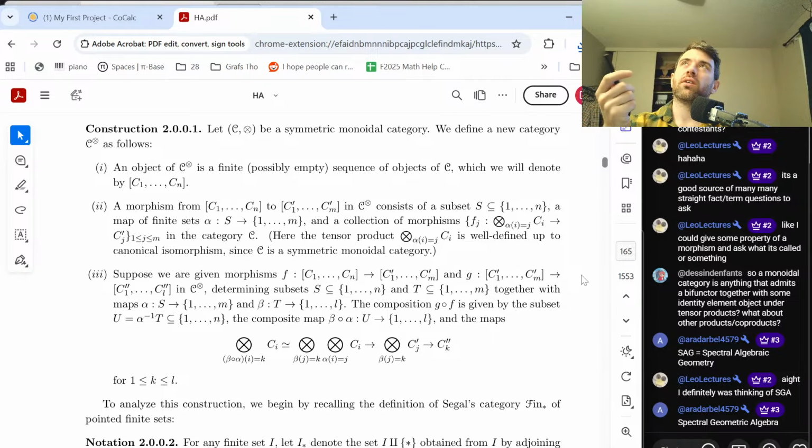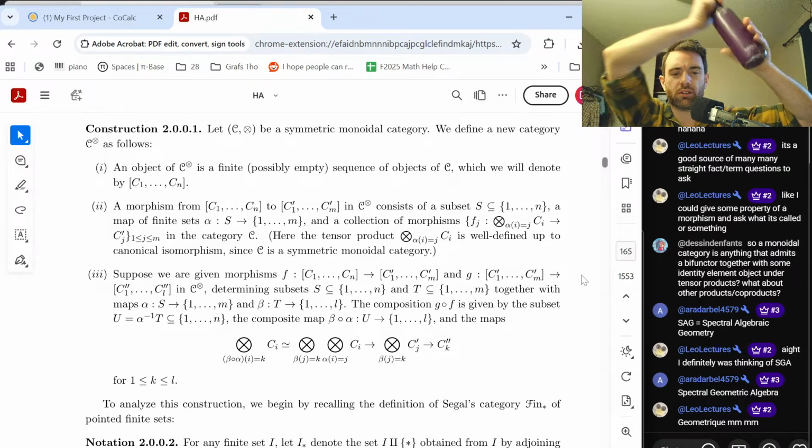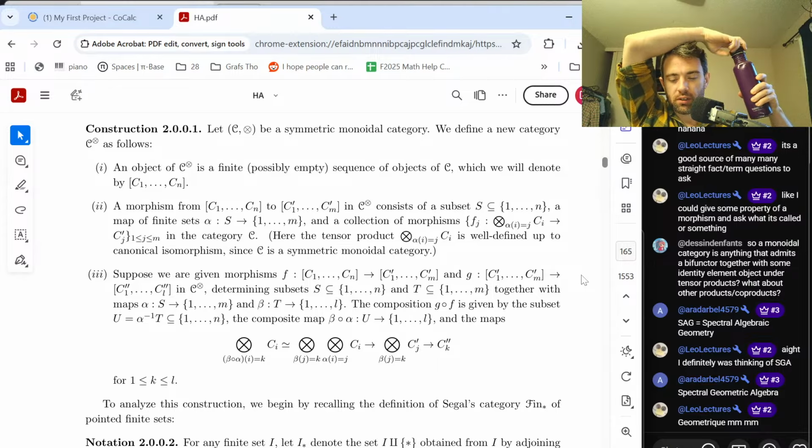The point of a symmetric monoidal category is that it's a big generalization of your category having tensor products, as opposed to having products or co-products. But it can happen that your product or co-product ends up being the monoidal operation.